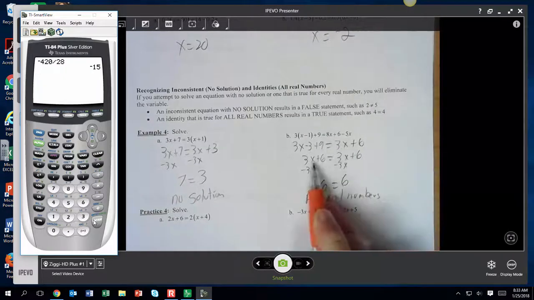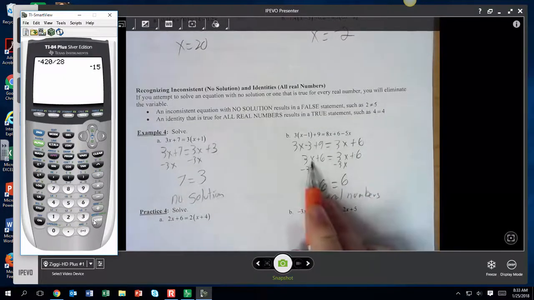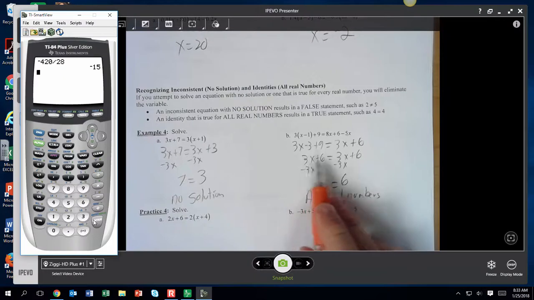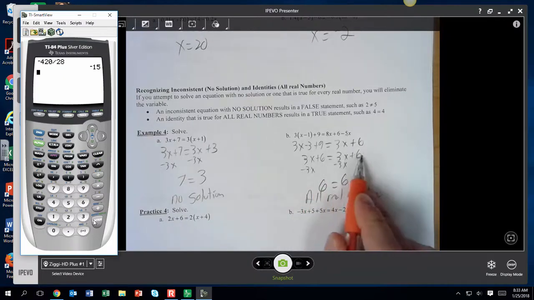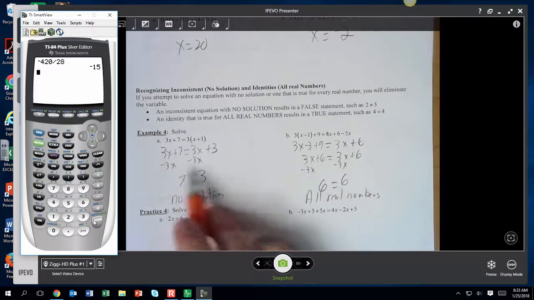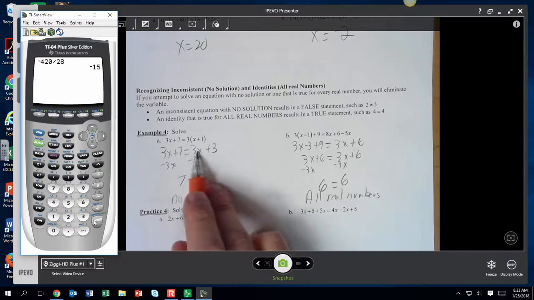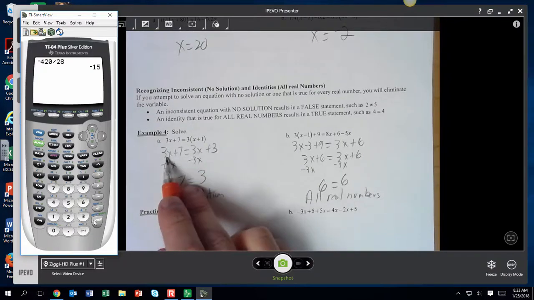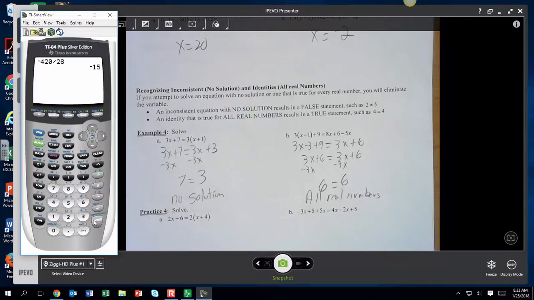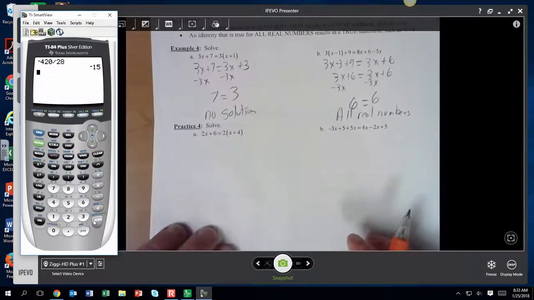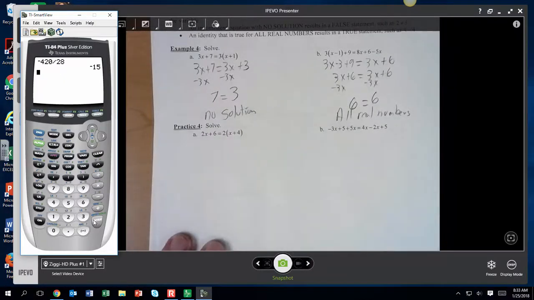No matter what value I put in for x, at this point, if I multiply it by 3 and add 6, I'm going to get the same thing on both sides. As opposed to my left equation where I have 3x plus 7 equals 3x plus 3, no matter what I put in for x, I'll never get a true statement. So go ahead and try these 2 practice problems and unpause the video when you're done and check your answers.